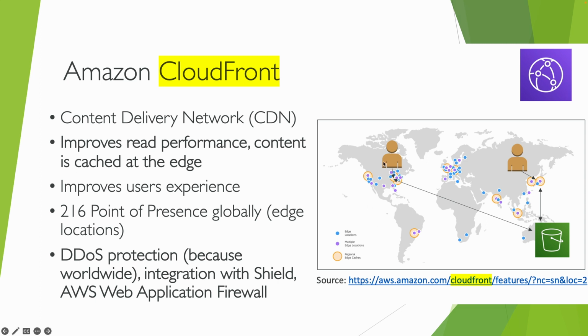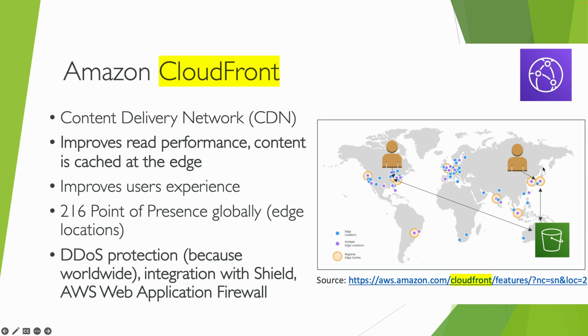If you can see, there is an orange circle. These orange circles are regional edge caches. There are purple dots, where in that location there are multiple edge locations, and a blue dot, which is a single edge location.